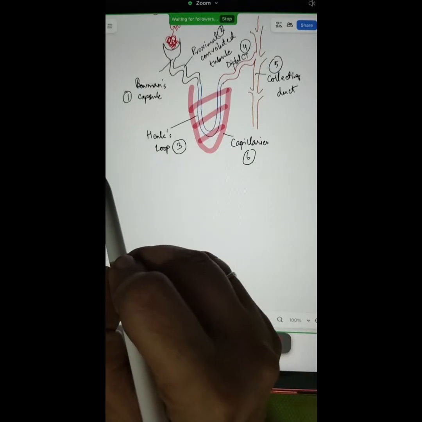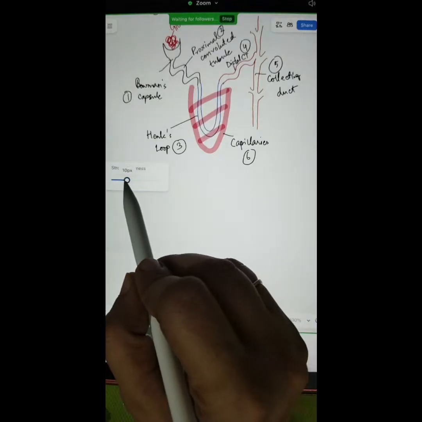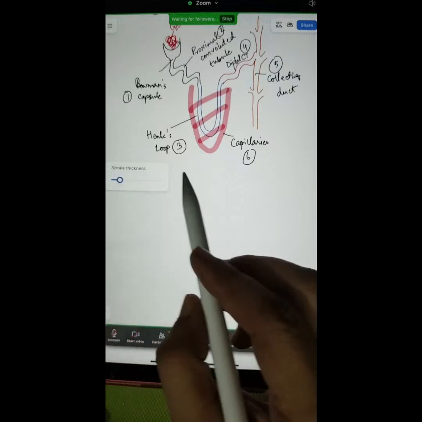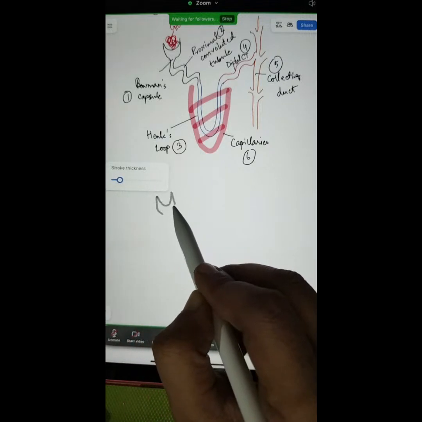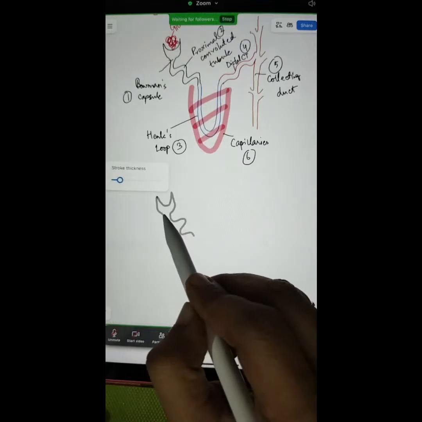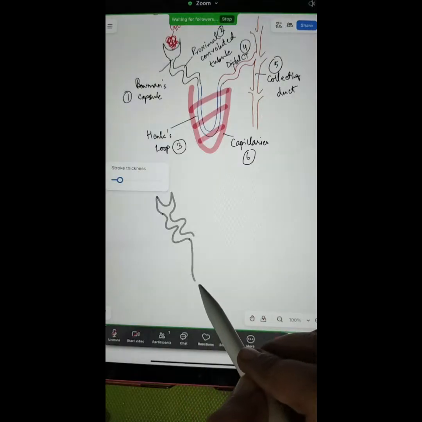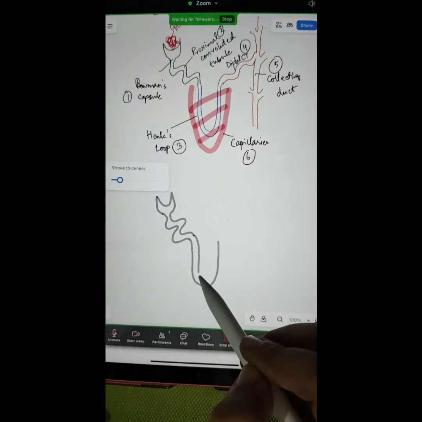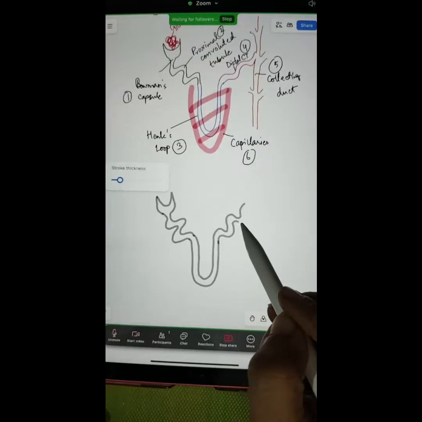So just wait, let me remove the thickness. This is Bowman's capsule. This is PCT or proximal convoluted tubule. This is Henle's loop. This is DCT.